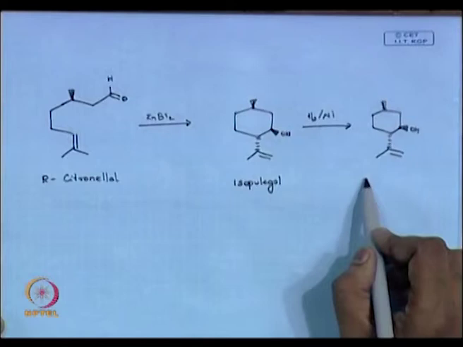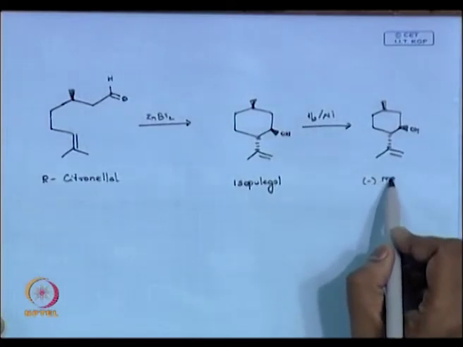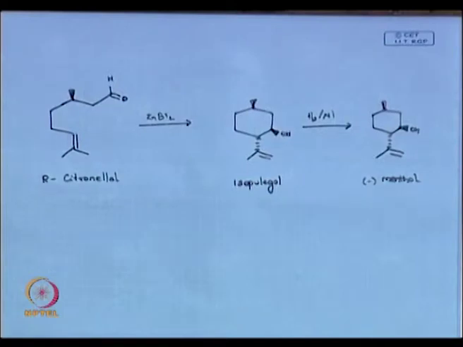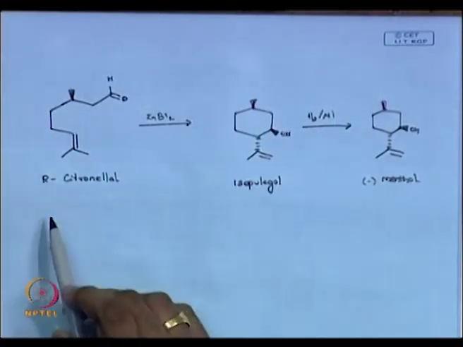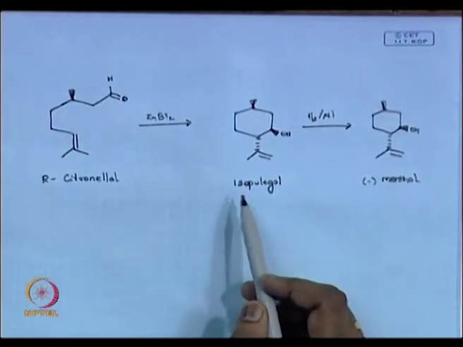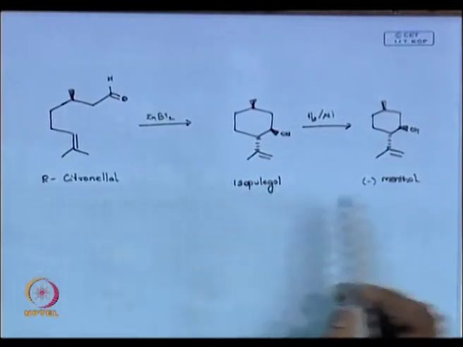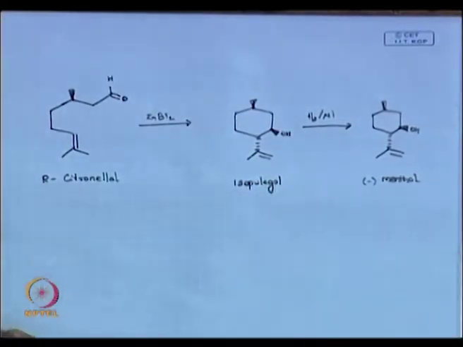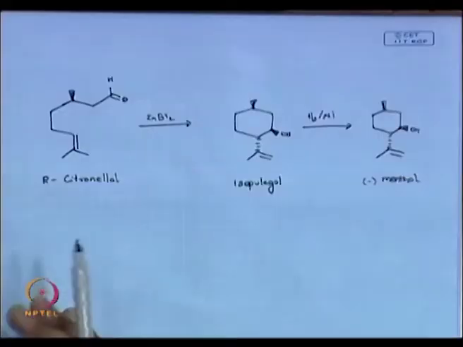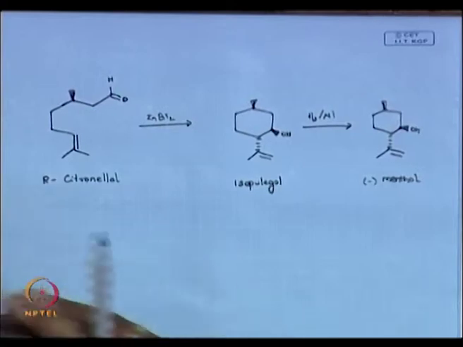You end up with your menthol. Very good synthesis, because you take your citronellal, do an ene reaction to isopulegol, and then you reduce it, you end up with menthol, and in this reaction the stereochemistry is properly preserved. We will see how this reaction works, how the stereochemistry is maintained nicely.